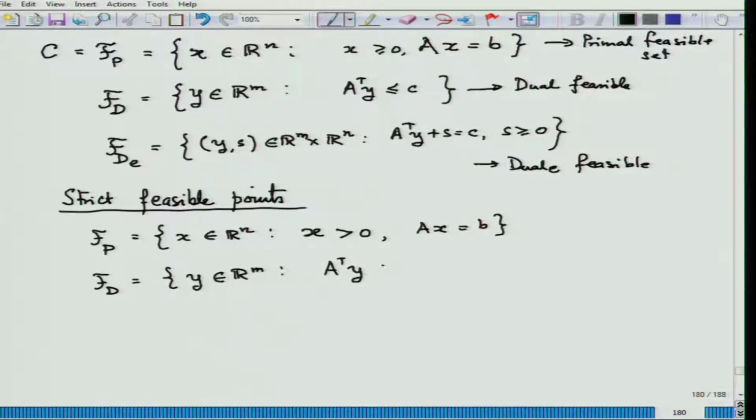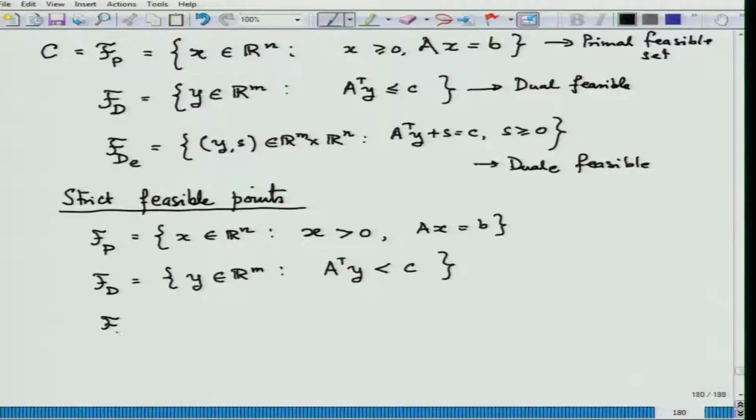Just remember, wherever there is an inequality of greater than or less than or equal to type, you convert it with a strict inequality. The inequality is replaced with its stricter version.